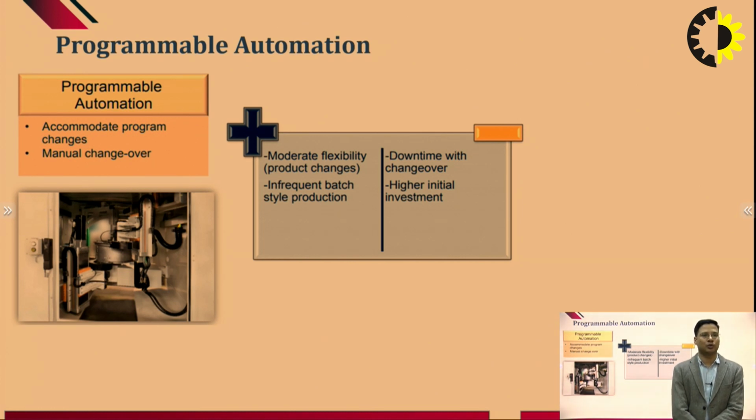This has led to infrequent batch production, or batch style production. In programmable automation, the program or the operation can be changed every time depending on the requirement.